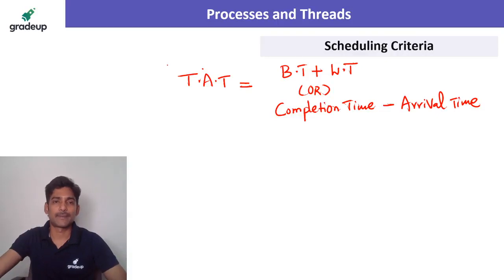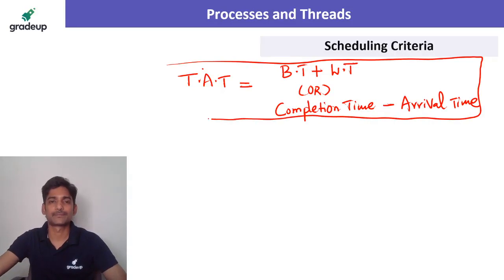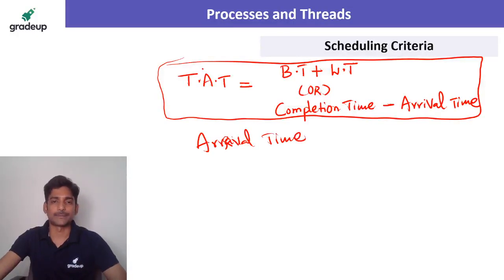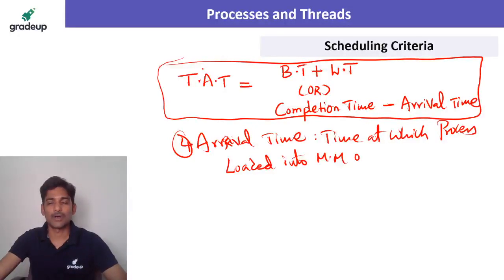Completion time minus arrival time. So what is arrival time? The next parameter is arrival time: the time at which a process is loaded into main memory or ready state.